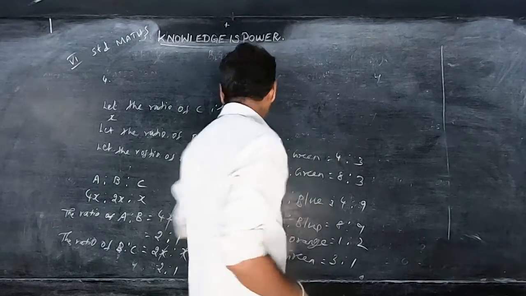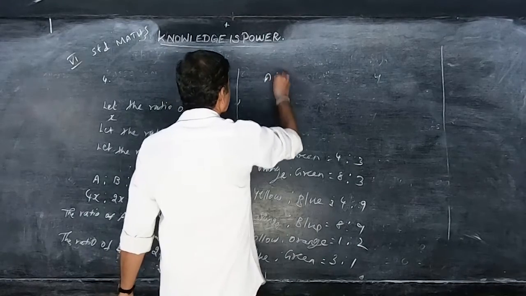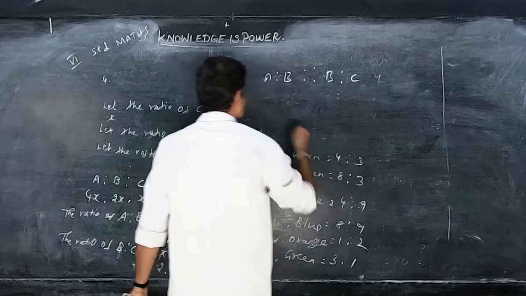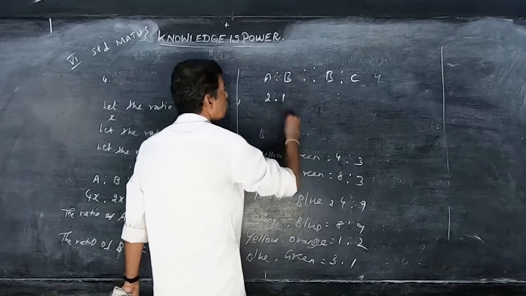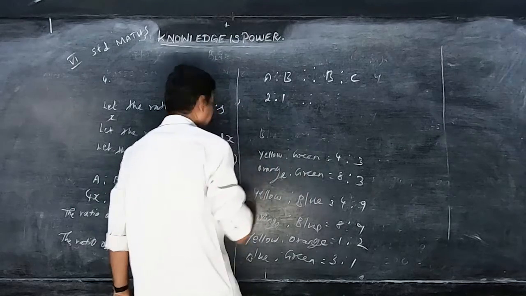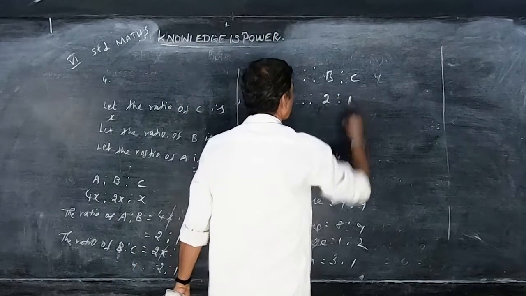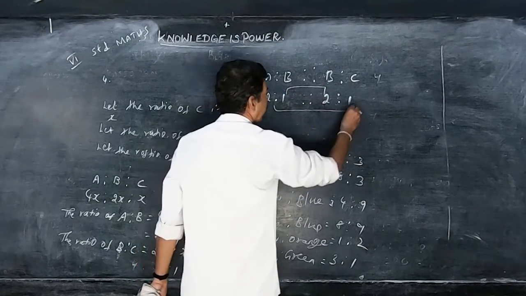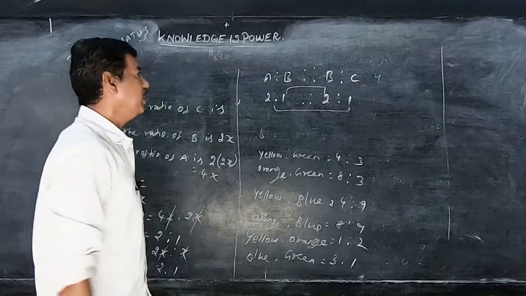Whether it is proportion or not. That is, A is to B proportion B is to C. What is A is to B? 2 is to 1. Yes, same. B is to C is also 2 is to 1. Proportion, didn't I teach you in the last class? Okay, product of extremes equals product of means.